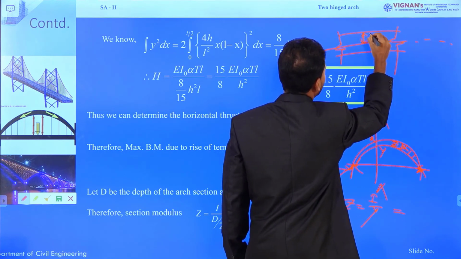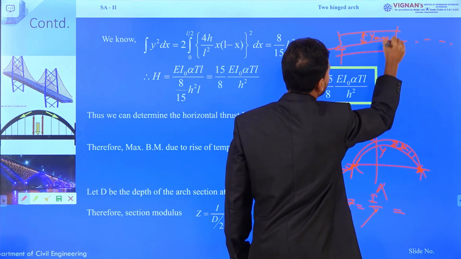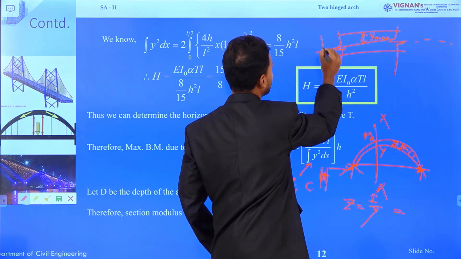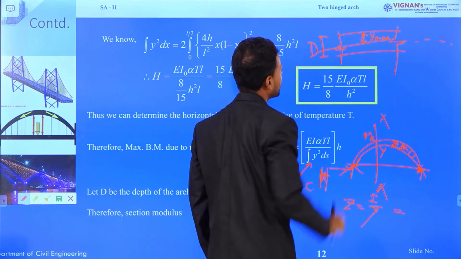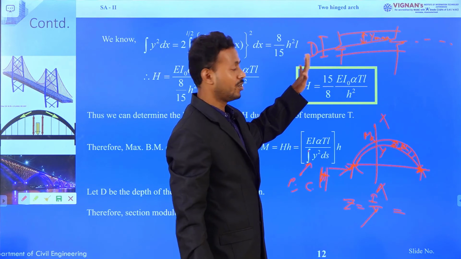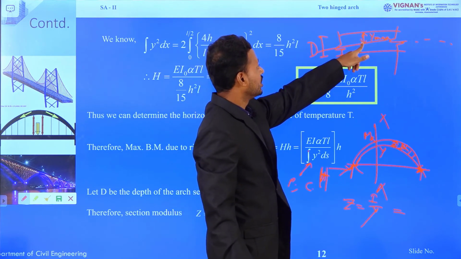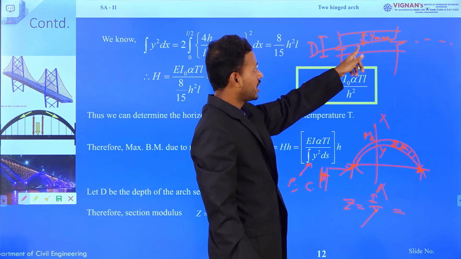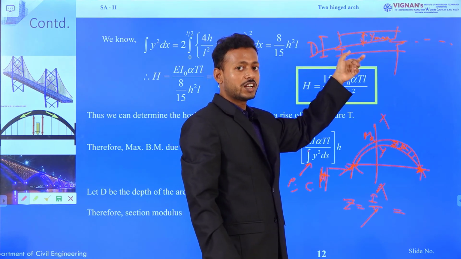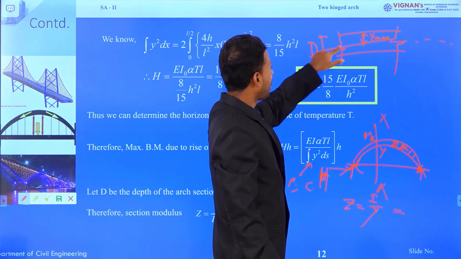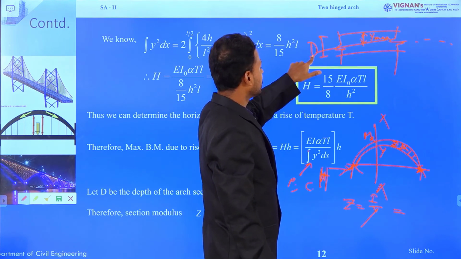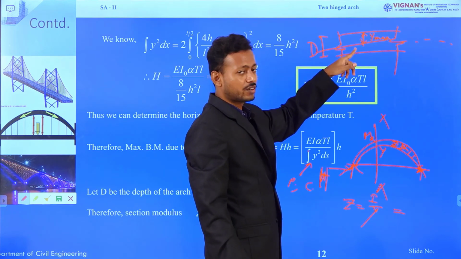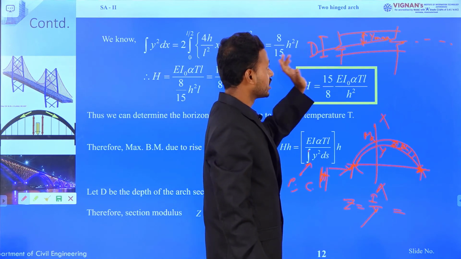if this is the y max, this is the capital D, for any section, beam or anything else, the neutral axis is the axis where there is no tension and no compression. So, y max is generally D by 2 for any rectangular section, but it may vary. Okay.